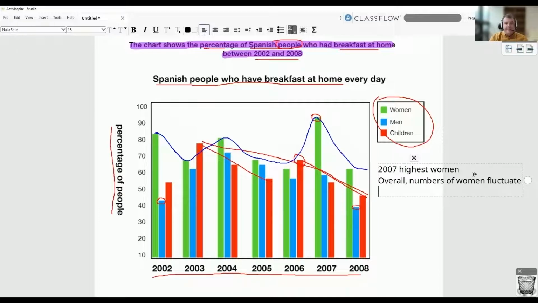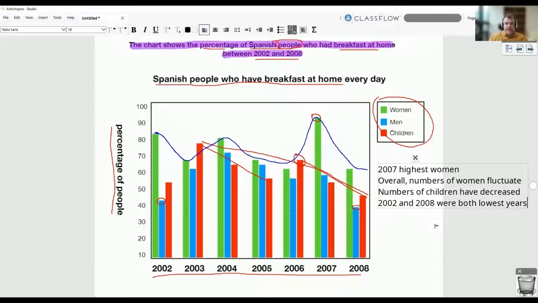And then numbers of children having breakfast at home have decreased. And for men, 2002 and 2008 were both the lowest years in the chart. Okay.